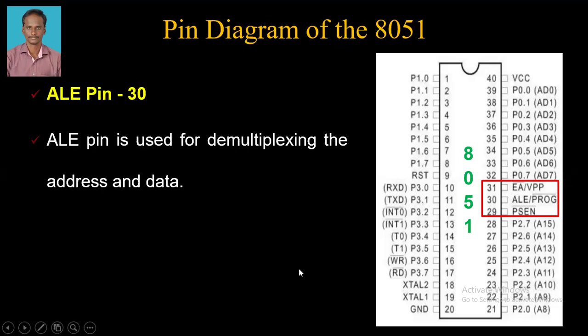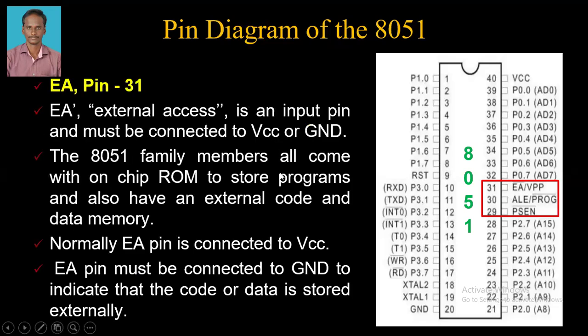And next, pin number 30, it is ALE. This ALE pin is used for demultiplexing the address and data. Next, pin number 31, EA, which means external access. It is an input pin and it must be connected to VCC or ground.